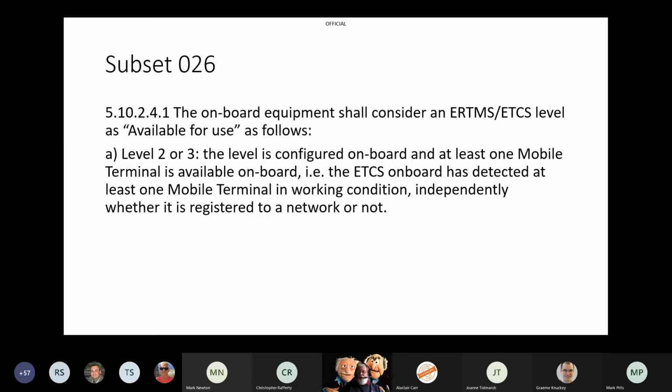So providing level 2 or 3 is configured and at least one of the data modems is available, then that level is considered available for use, irrespective of whether the mobile terminal is actually connected to a radio network or not.